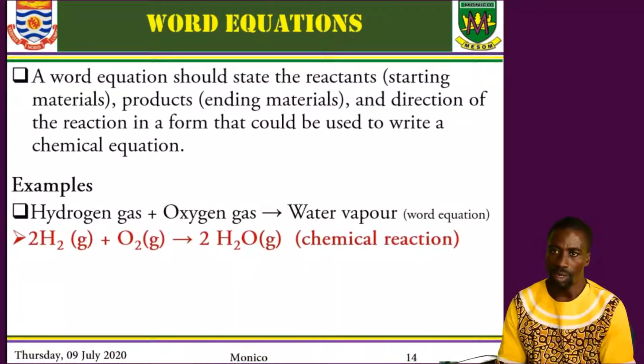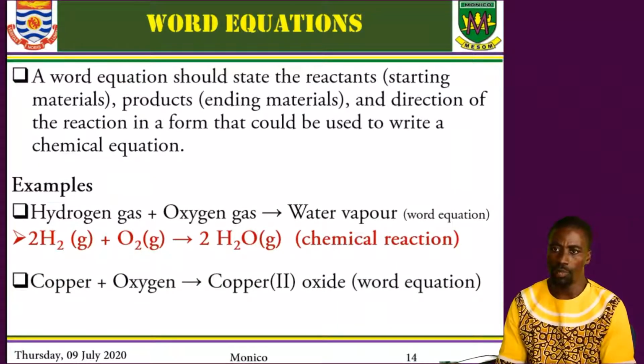Okay. So look at the chemical equation. I have my H2 gas, O2 gas, giving us H2O also gas. And that is the chemical equation. And the others are just balancing of the equation. Okay.